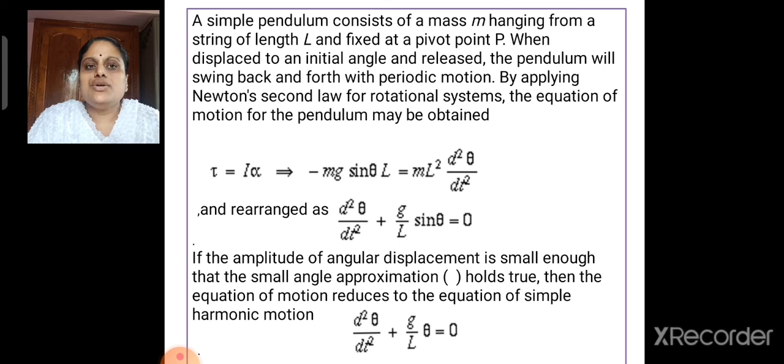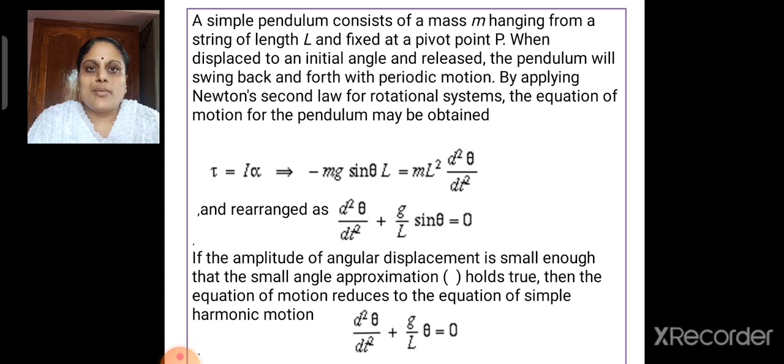By applying Newton's second law for rotational systems, we know that torque tau is equal to I alpha, where alpha is the angular acceleration and I is the moment of inertia.